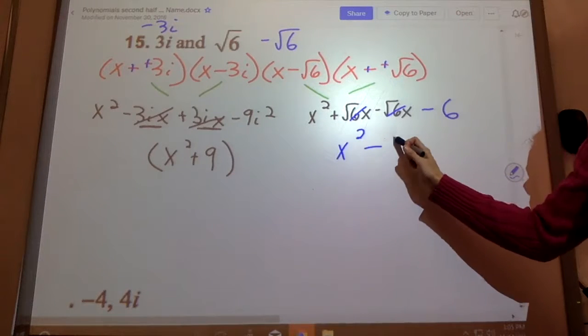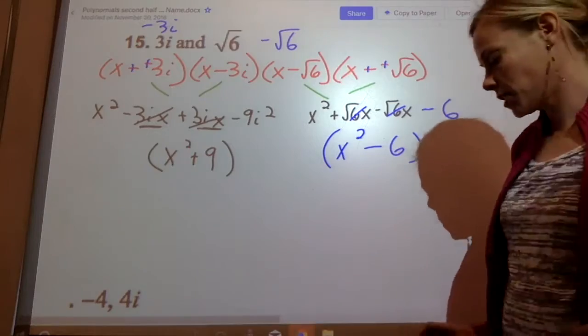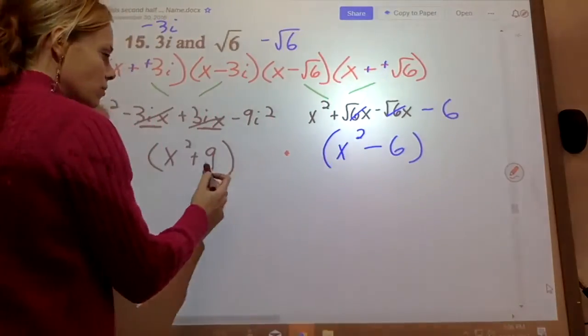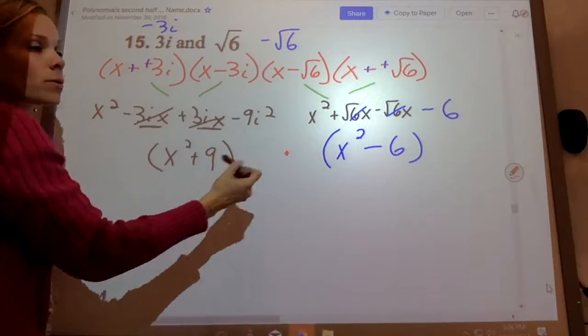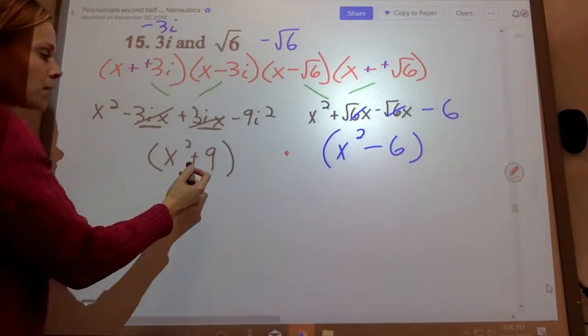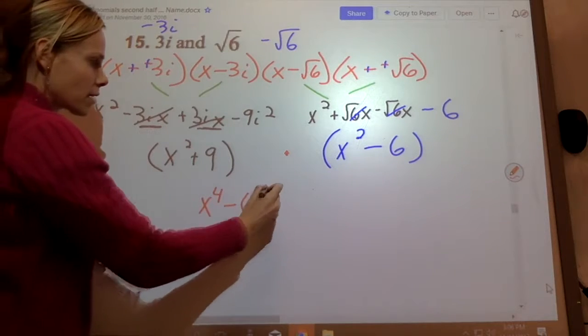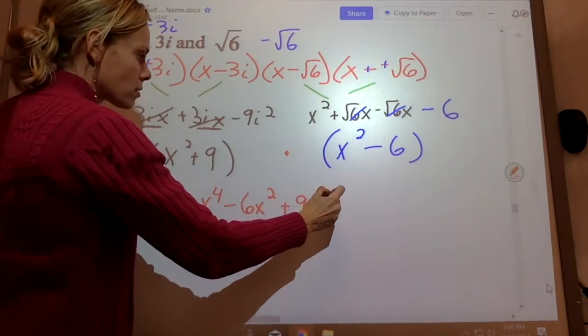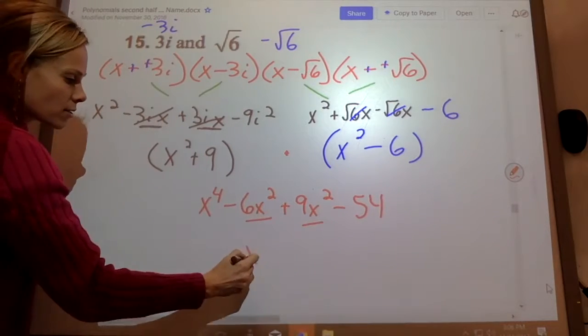So I just get x squared minus 6. Am I done? No. One more multiplication. I need to multiply these two together. Right? Because remember, if I have 4 roots, I need a 4th degree polynomial. So FOIL these two, x to the 4th minus 6x squared plus 9x squared minus 54. Combine like terms.